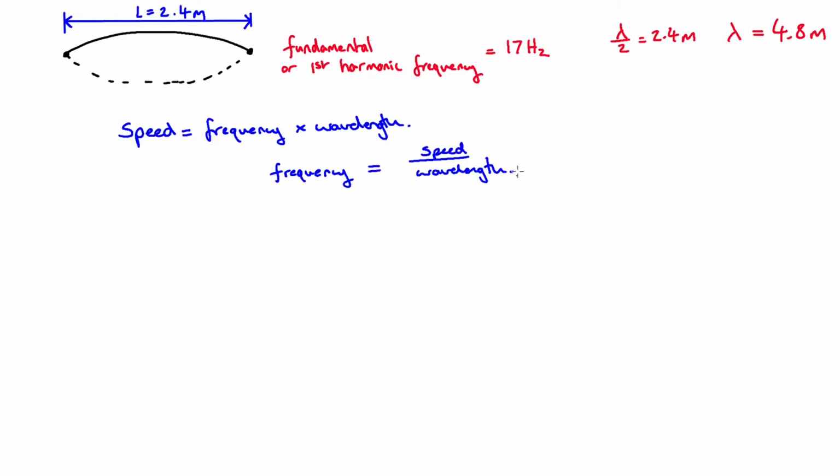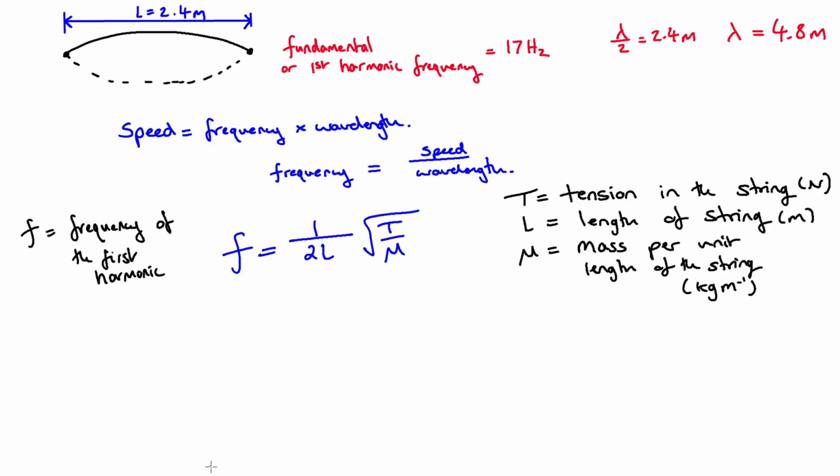Therefore, if the wavelength is still the same, but the speed of the waves on the string has increased, that means the frequency that we need to set the signal generator and vibration generator to will be greater than it was before.